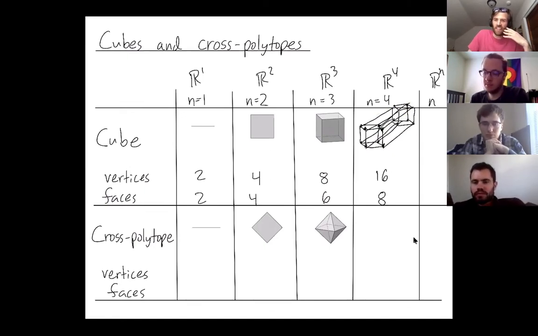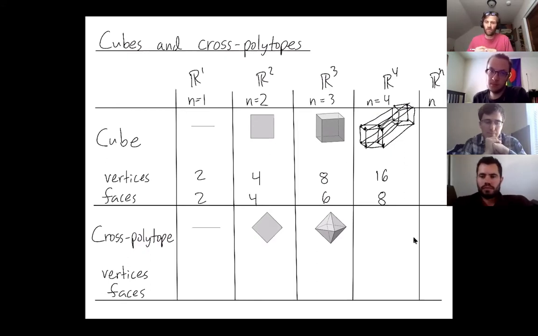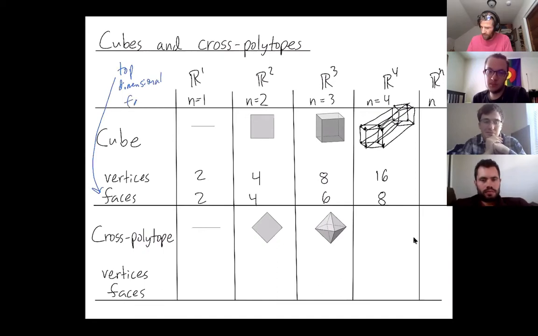The rigorous definition would be the intersection of this cube with a supporting half plane, and then that would be a face. And I guess we're looking at n-1 dimensional faces. Yeah. Good point. So maybe I should say that faces, I really mean top dimensional faces. Or, okay, I should say n-1 dimensional faces. How about that?